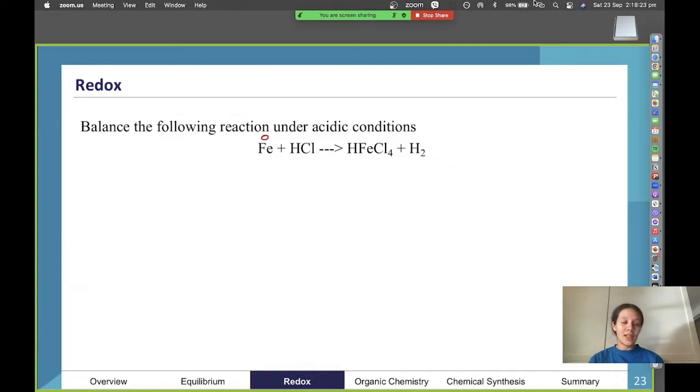Another tip for practicing for externals is having the actual data book printed out at your desk or wherever you are when you're doing practice questions, so you can get used to using the data booklet that you'll have on the day. But for our HCl, we can assign our hydrogen a +1, and then our chlorine is going to be a -1.